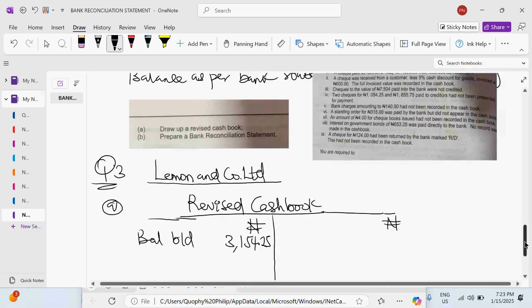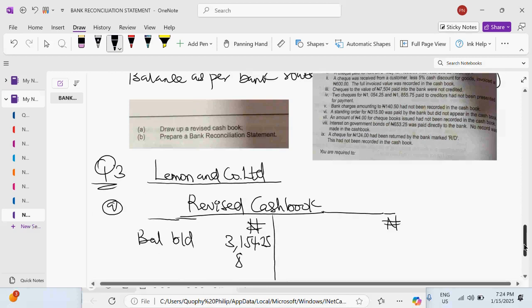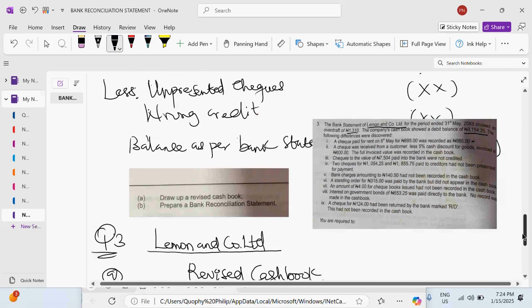We are supposed to write... Check paid for 895. 895 was recorded as 985.